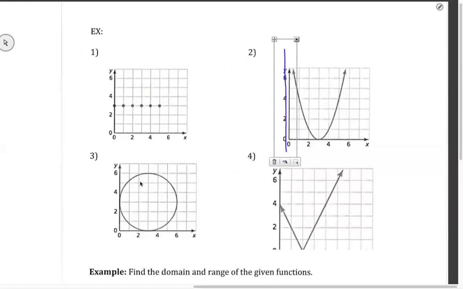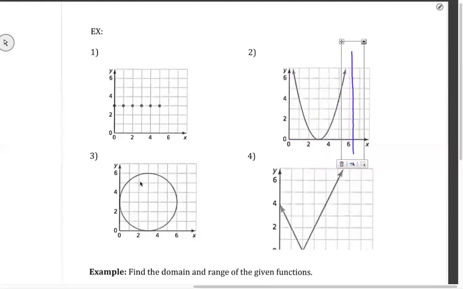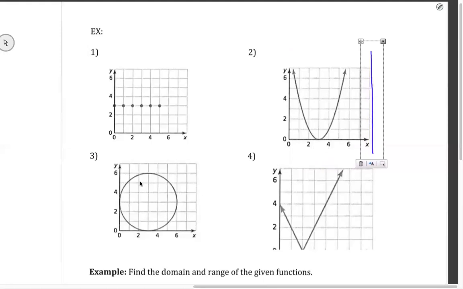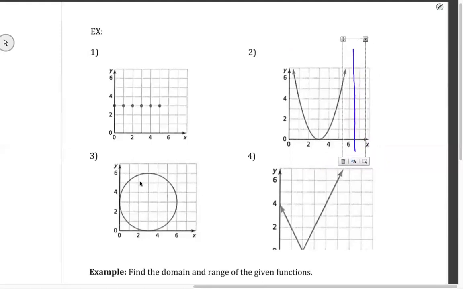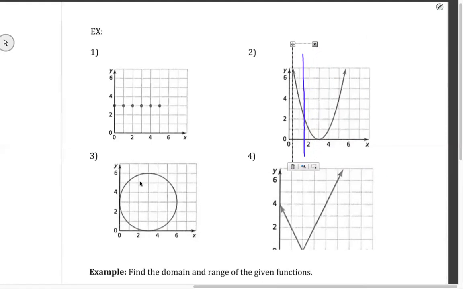As I drag my blue line, does it pass the vertical line test? I'm not too sure. Well, does the U touch the blue line twice at any moment? Yeah. Where? Tell me when to stop. No, touch twice, meaning the U touches my blue line twice. Oh, then no. So number 2 is a function.